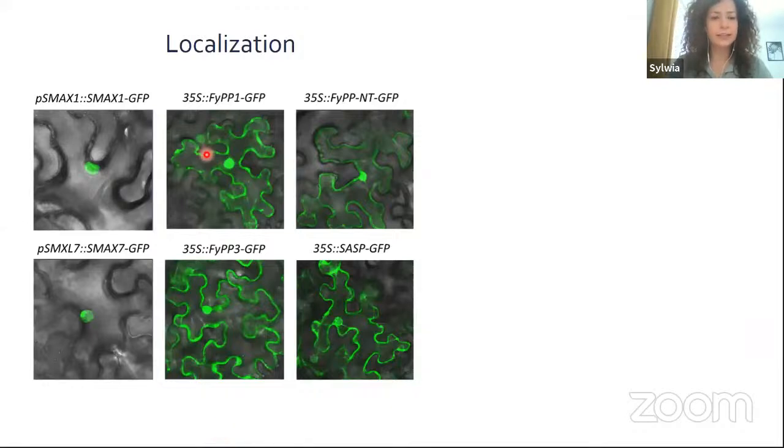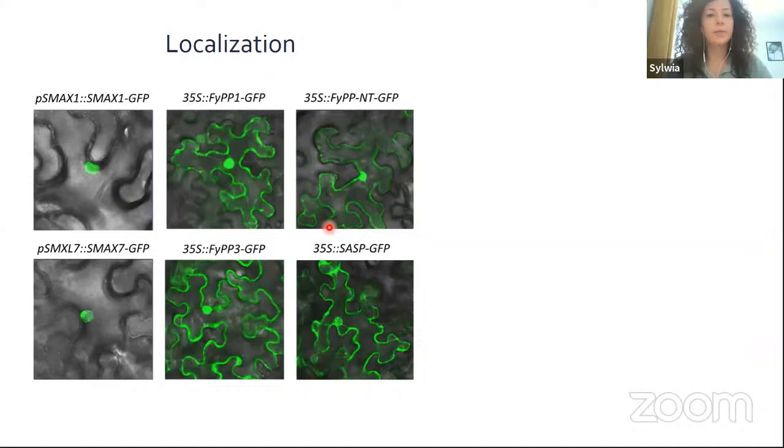Then we also checked the subcellular localization of our putative partners. For the catalytic subunits, FYPP1 and FYPP3, we could see that they are expressed in the nucleus and in the cytoplasm. We also cloned the N-terminal part, which we call FYPP-NT. This is the N-terminal part of FYPP, which is identical for both FYPP1 and 3. Also, we had some problems with cloning or expressing SAL4.